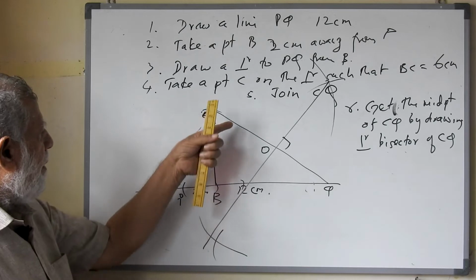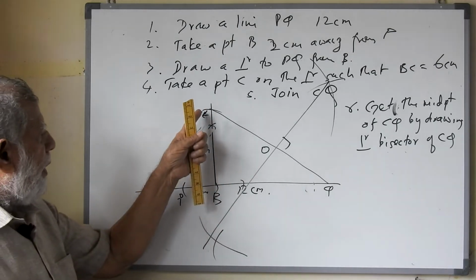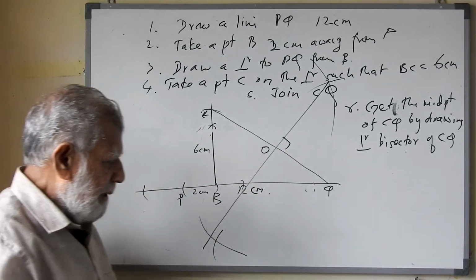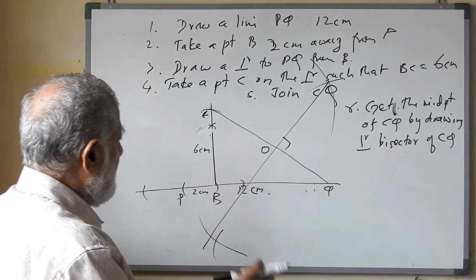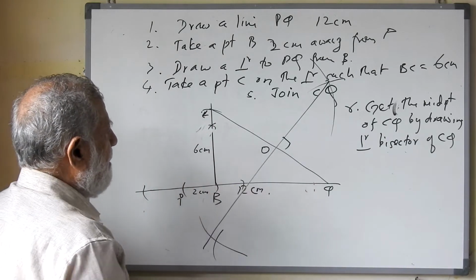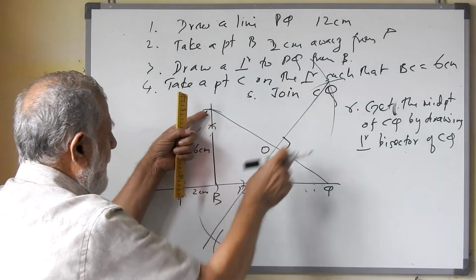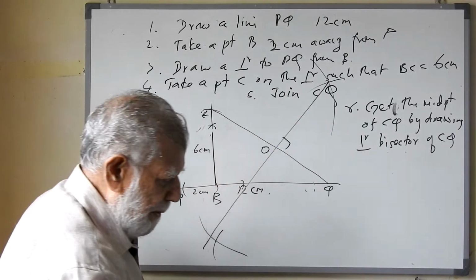So from here, with the compass, draw an arc 6 centimeters. Then we are asked to join CQ. And after that, they are asking to get the perpendicular bisector of CQ, to get the center of CQ by drawing the perpendicular bisector of CQ. So we draw two arcs like that, and here two arcs of the same length, and join that, and we get the perpendicular bisector.